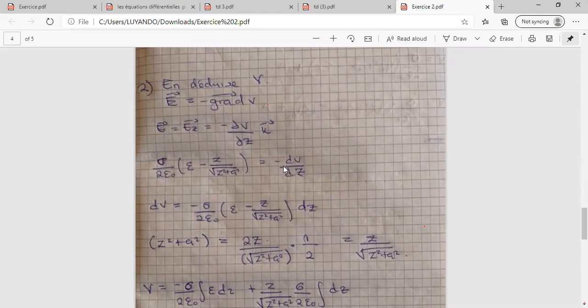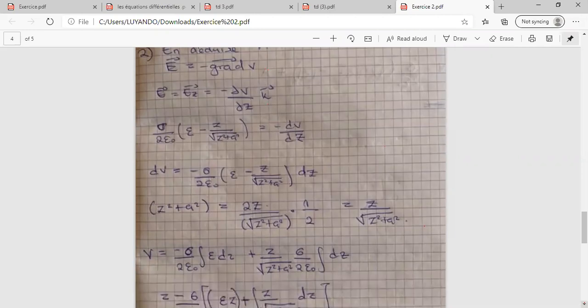We multiply dz times this whole expression. So we have dV equals negative, because of this negative, the constant over 2 epsilon 0, our expression times dz. I've just changed some things here.